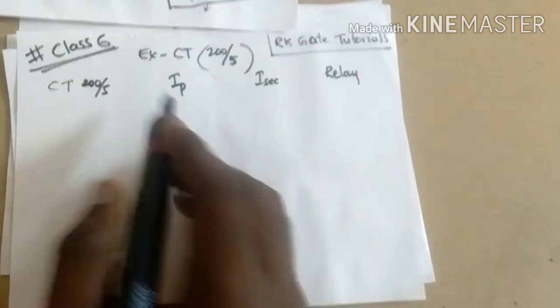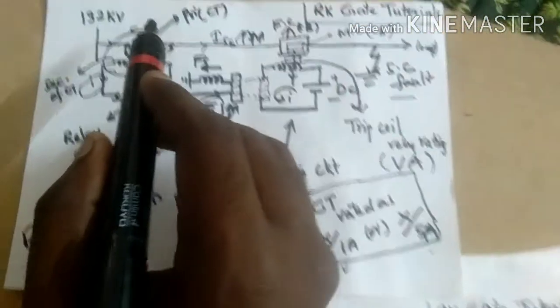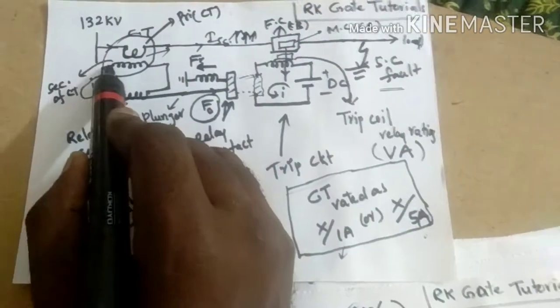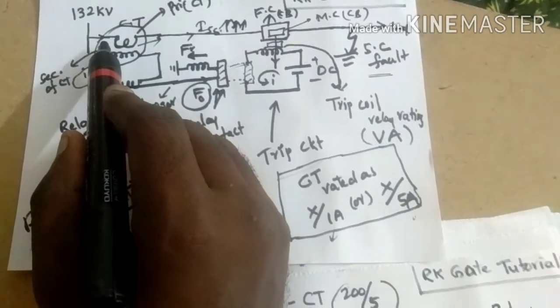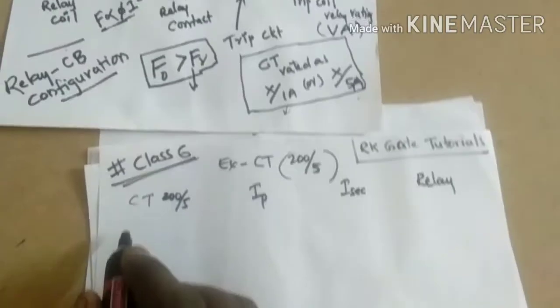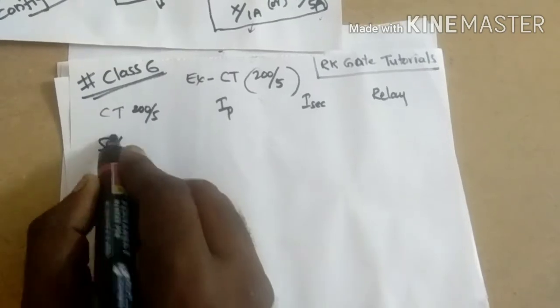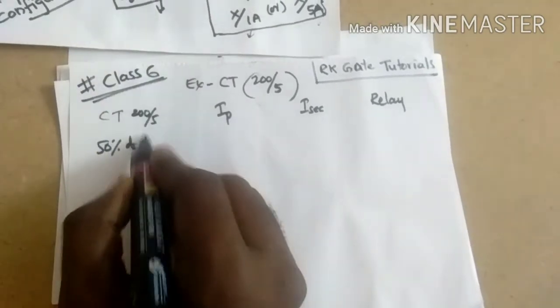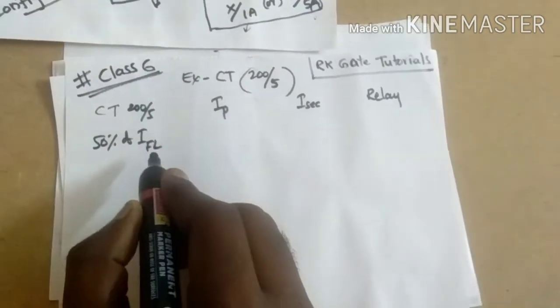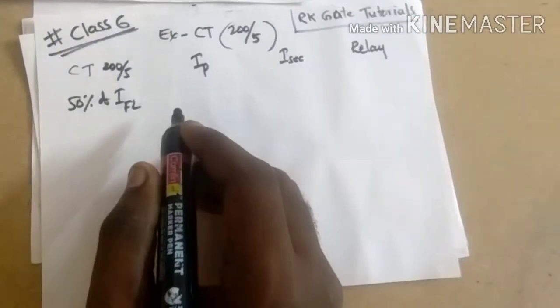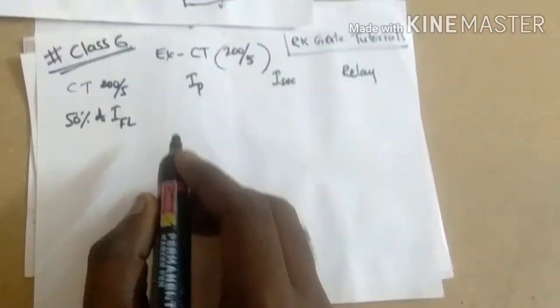In this current transformer, we are talking about this line only. When the current seen by the current transformer is, let us say, 50% of full load current, if the line is experiencing 50% of full load current, then what happens?